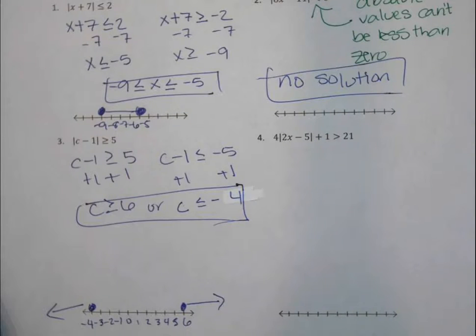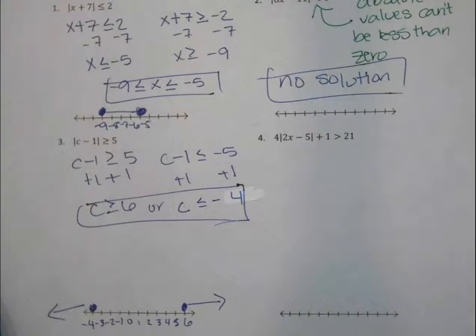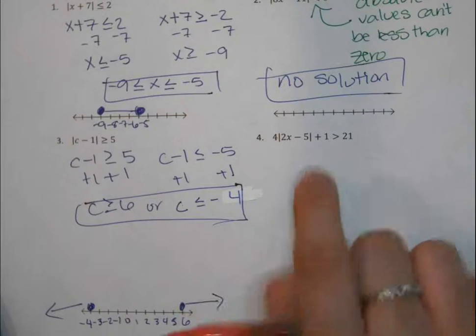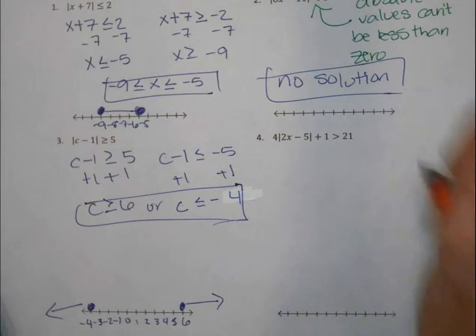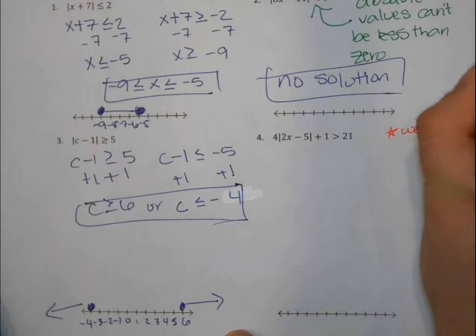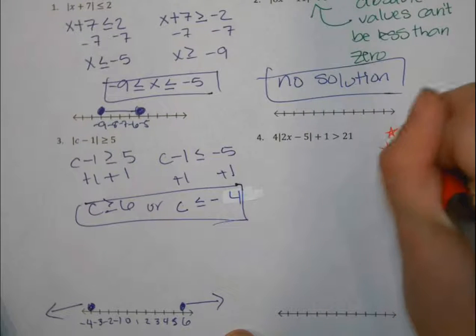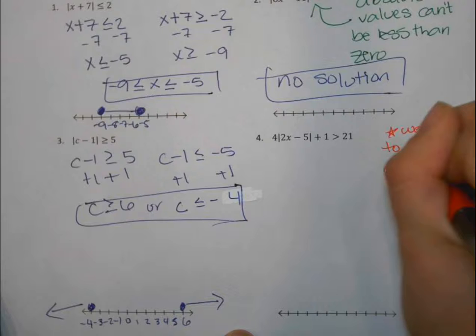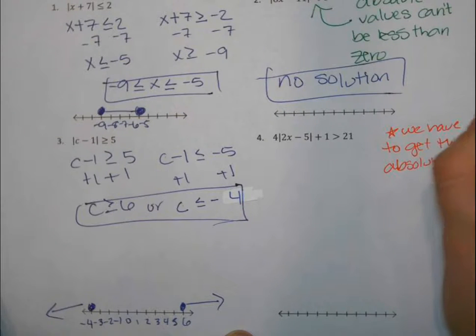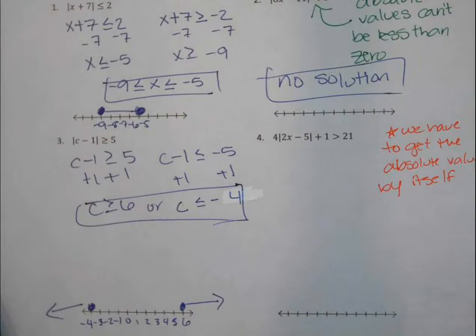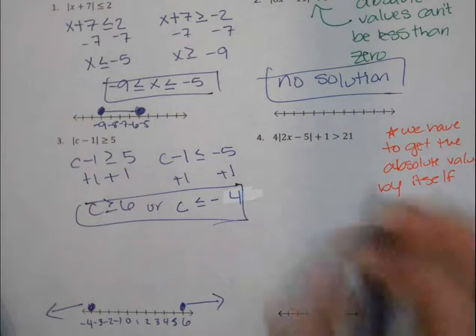Okay. On number 4, if I take a look at it, I see I have a lot going on. I have a number multiplied by the outside and a number added at the end. I have to get the absolute value by itself before I can split it into 2. So I'm going to start by just trying to get the absolute value piece alone.